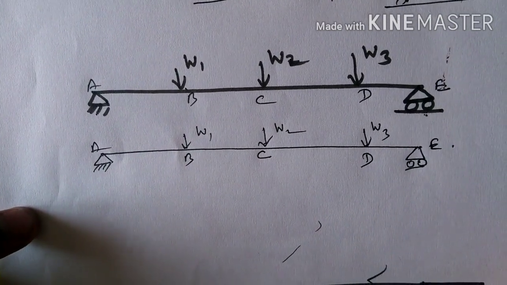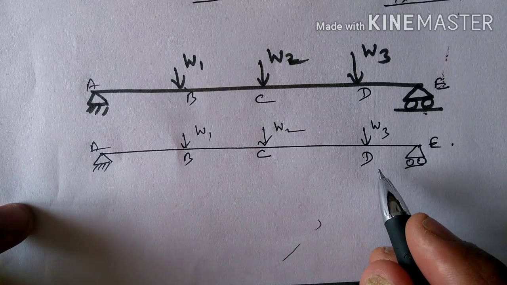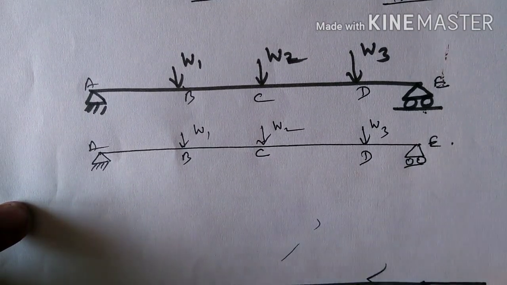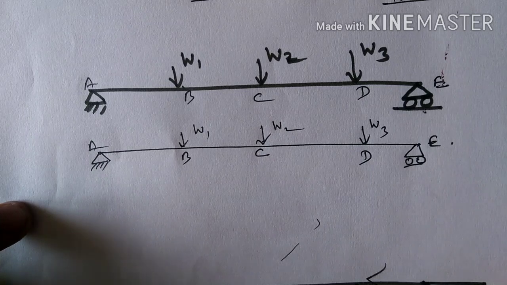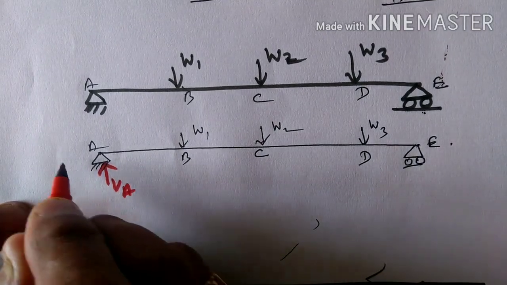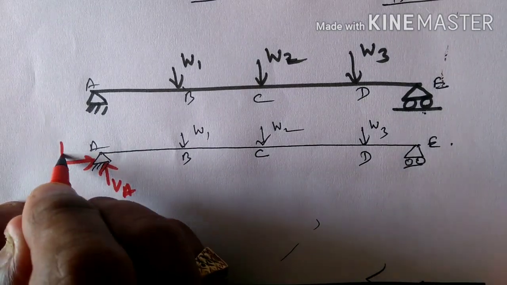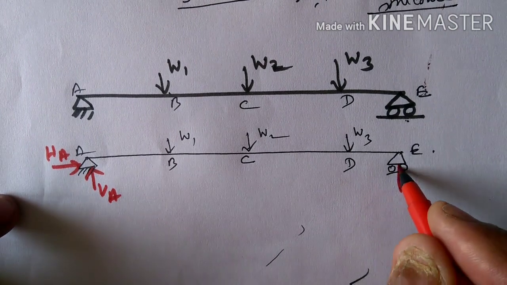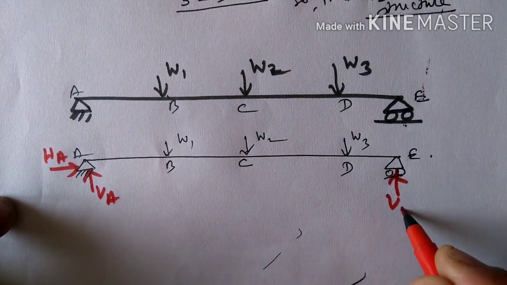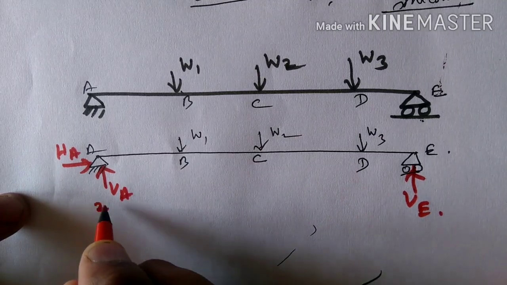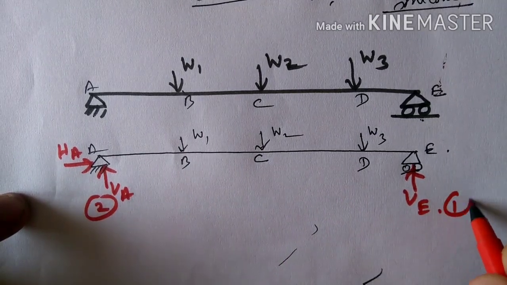Now let us investigate whether this structure is statically determinate or indeterminate. Due to this hinge support, there will be two reactions, one VA and another is HA, the horizontal reaction. And for this roller support, there will be only one reaction, VE. So total number of reactions, here is 2 and here is 1.